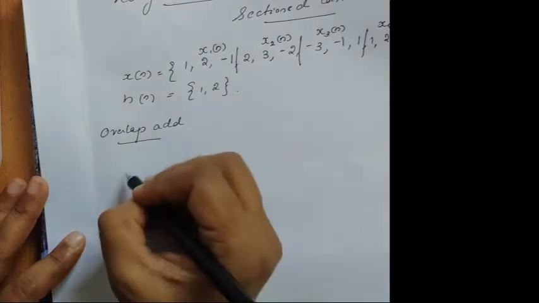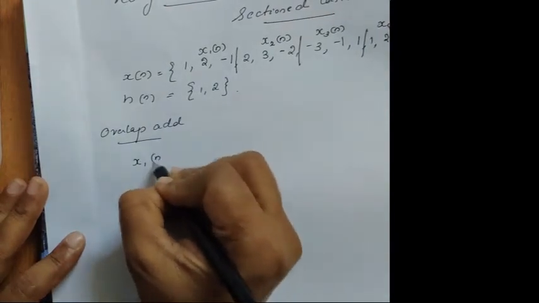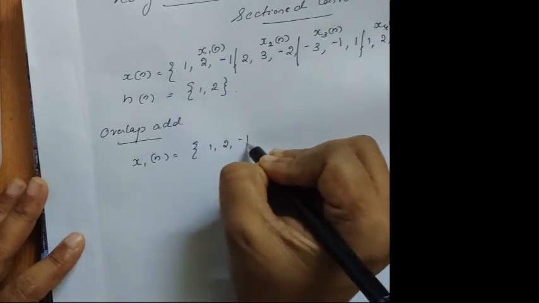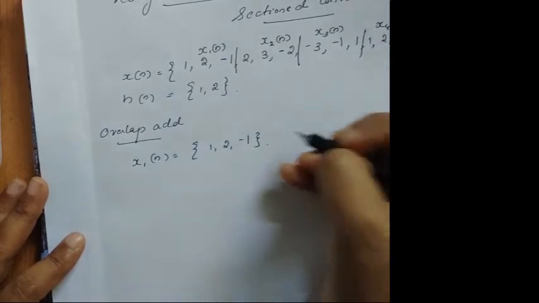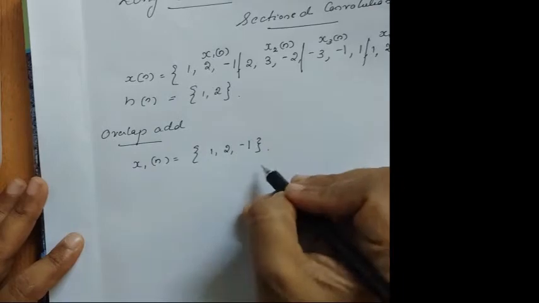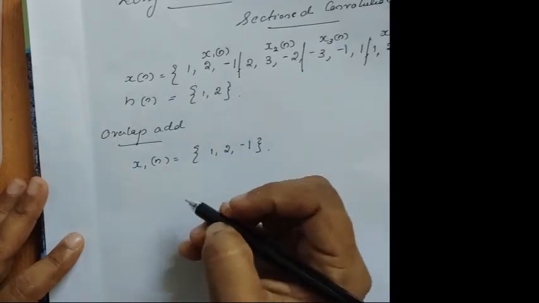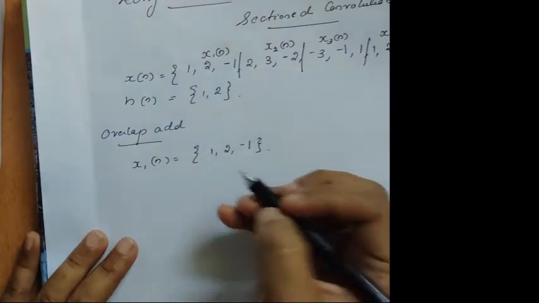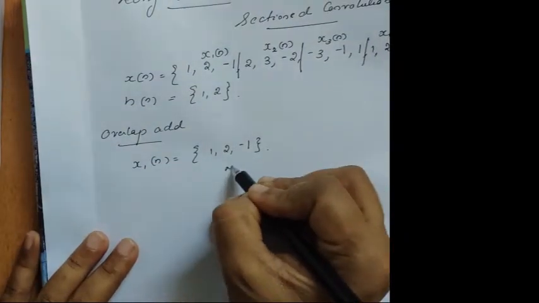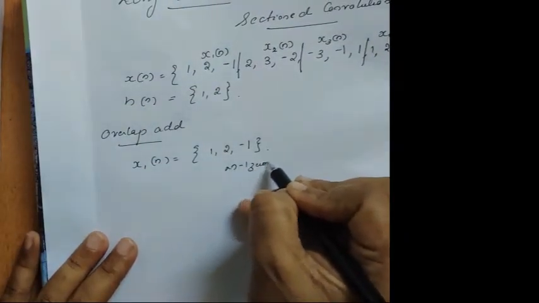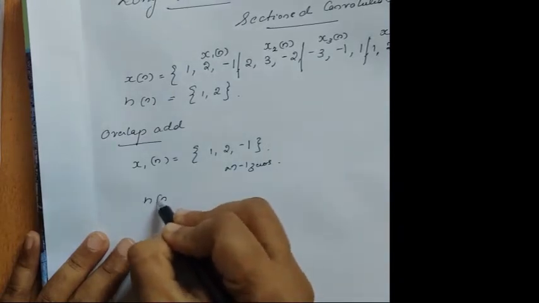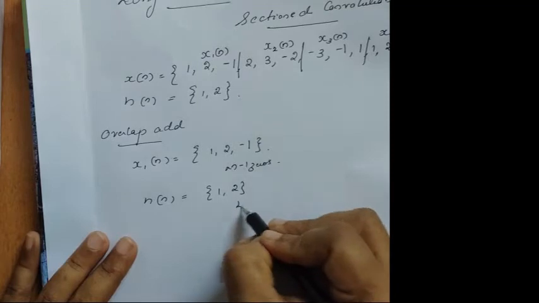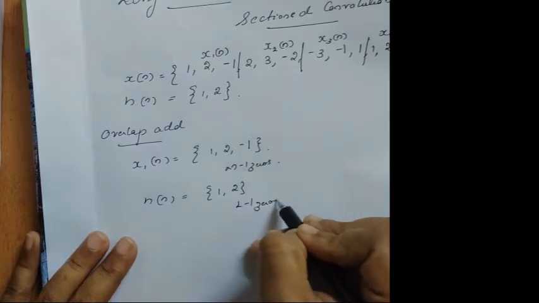We are considering x1 of n is equal to 1, 2, minus 1, and here we have to do linear convolution using circular convolution. So we have to add m minus 1 zeros over here, and h of n is equal to 1, 2 with l minus 1 zeros.